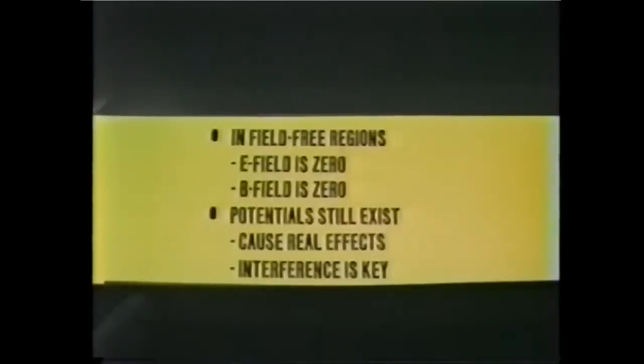Further, in quantum mechanics, when the electric field and the magnetic field reduce to zero in an area, you still may have the potentials. And if these potentials, which are the real things going on, interfere with each other, you can have real effects still produced in charged particle systems, real physical systems.